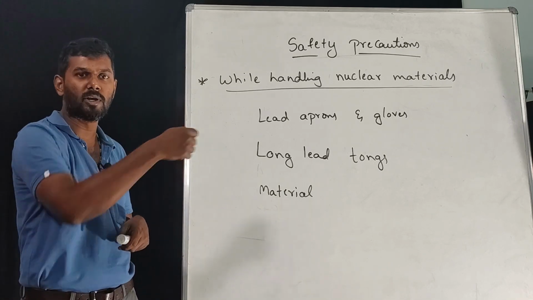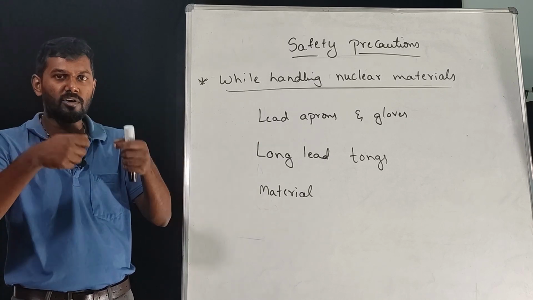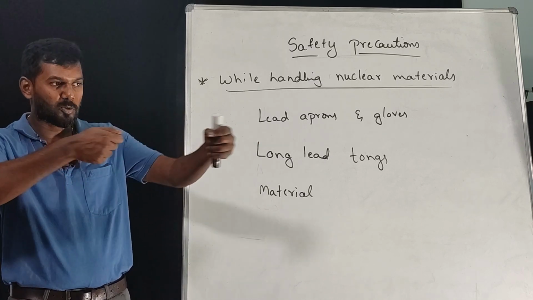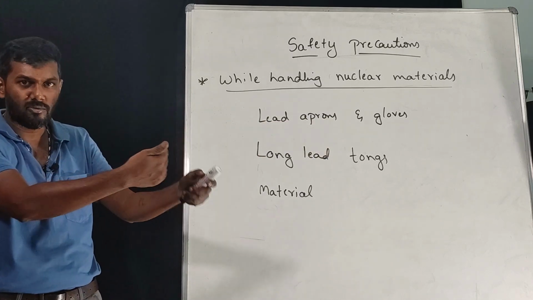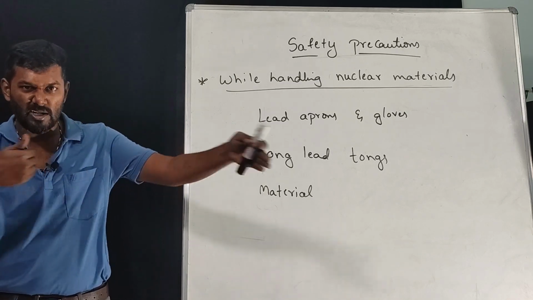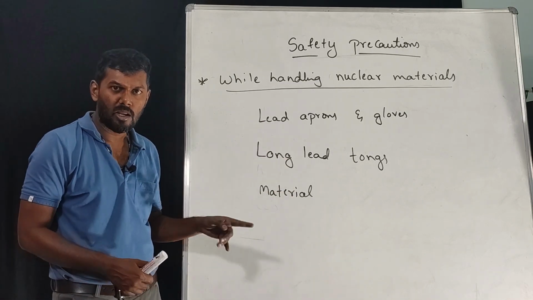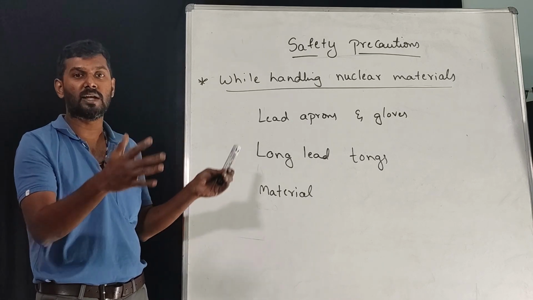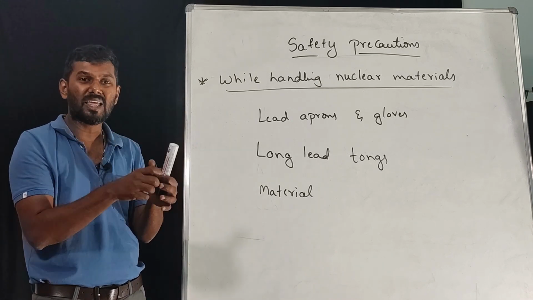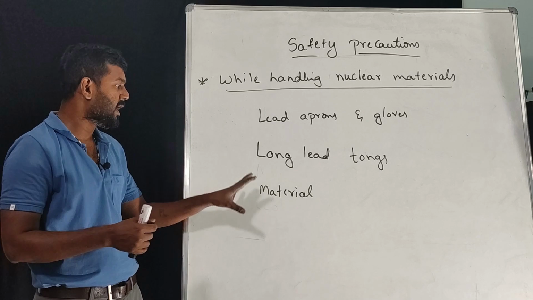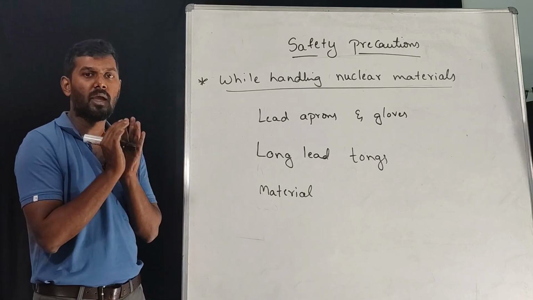The tongs with which we handle the materials should be long, so you have to keep a distance away from the material. Next, the material should be shielded with lead. It should be covered with a thick lead box, so that it will not affect us in any way.